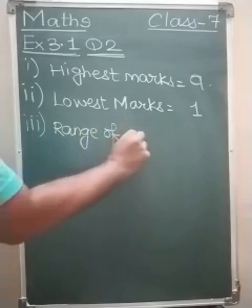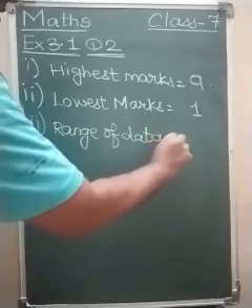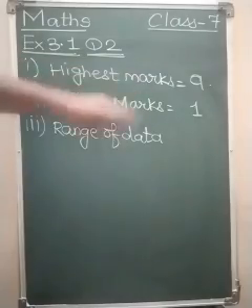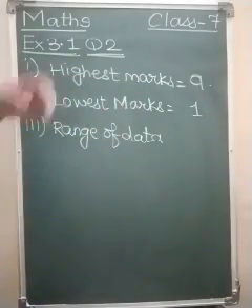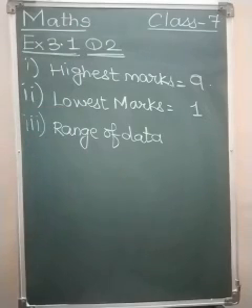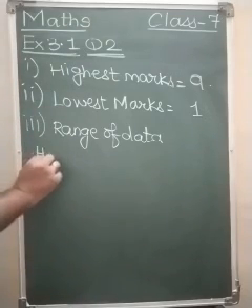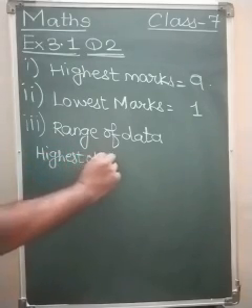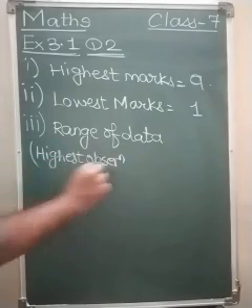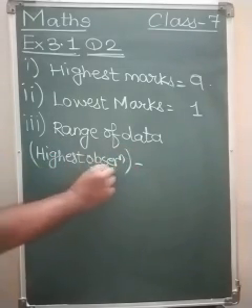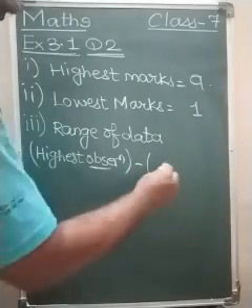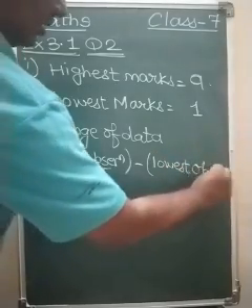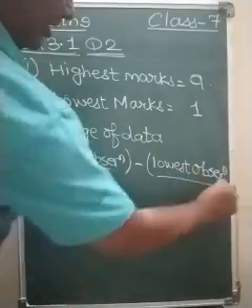Range of data. What was the formula given? Highest marks minus lowest marks, or highest observation minus lowest observation. So here we write down highest observation minus, this is the short form for observation, minus lowest observation.